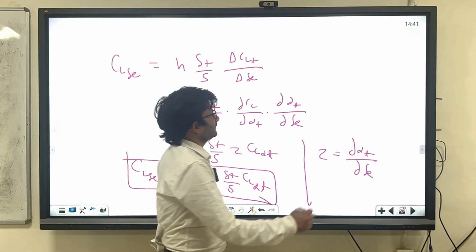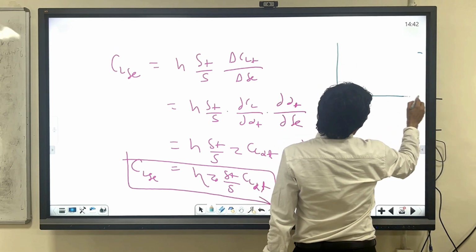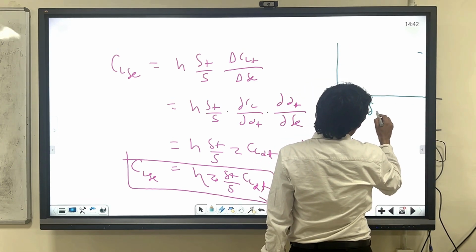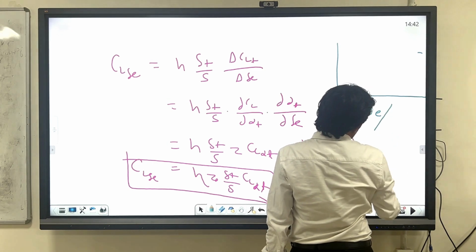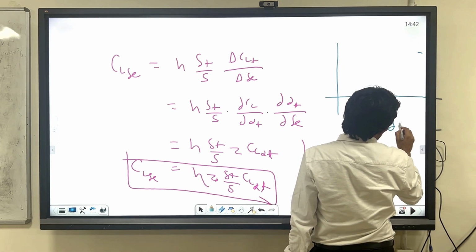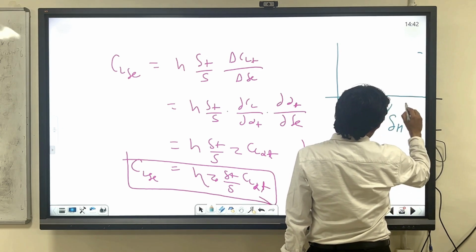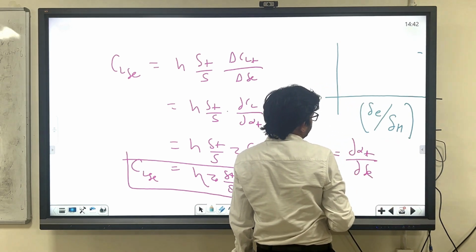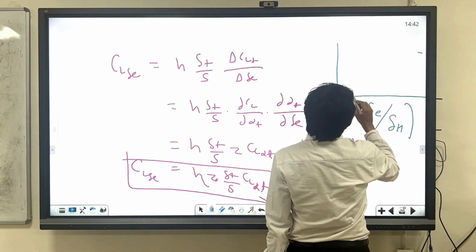Tau, for example, you can find out using this graph. This is the elevator area, the control surface area, by the lifting area, the horizontal area you can say. The lifting area is the total horizontal area, and delta is the control surface area.